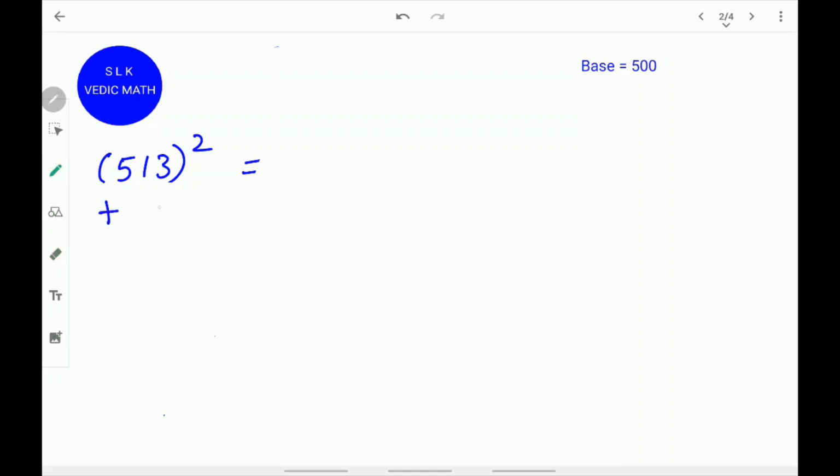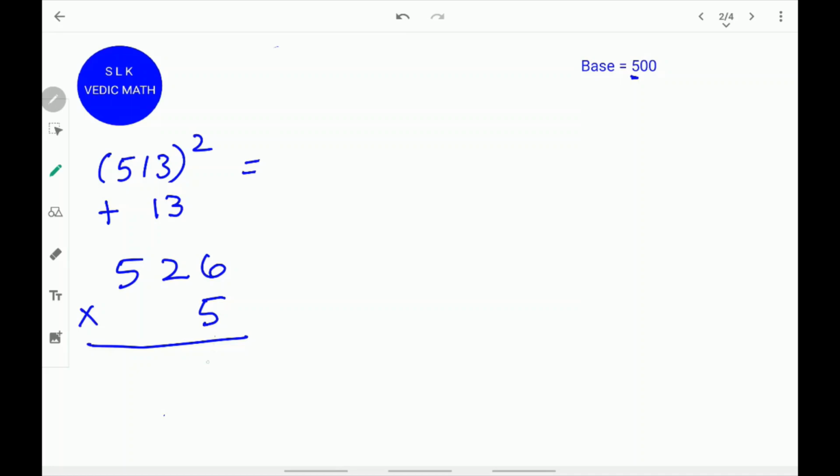Write 13 as plus 13 to show that 513 is greater than the base 500. Next, add 513 plus the difference 13, which is 526. Next, multiply 526 with 5. Why 5? Because the base 500 has a 5.